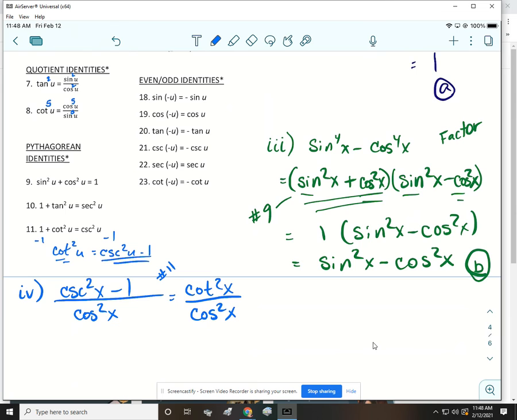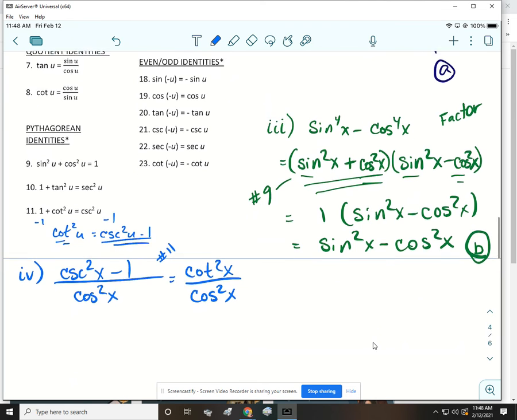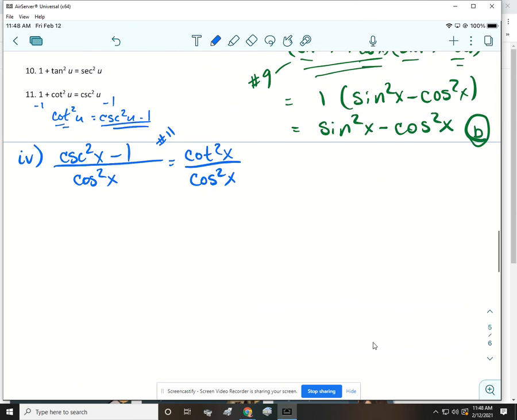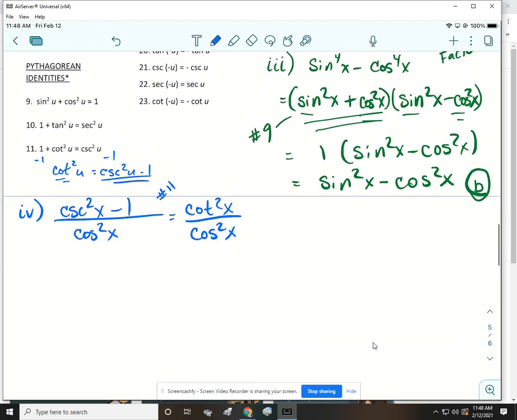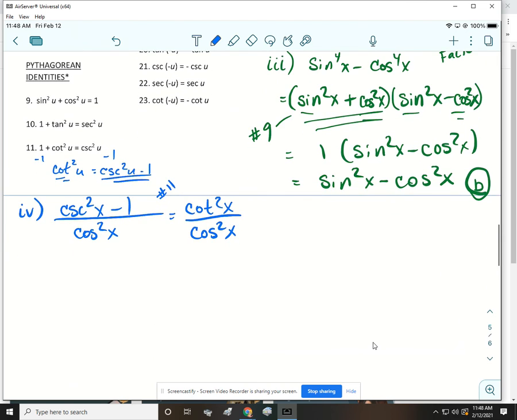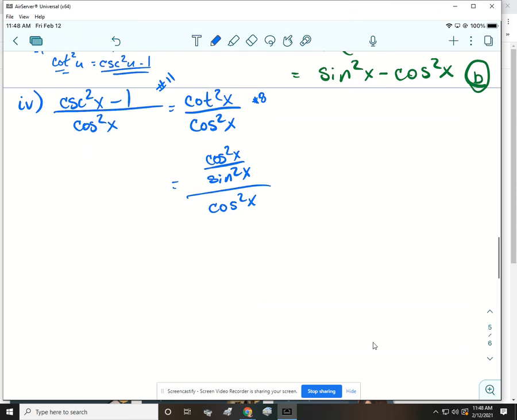All right, so they work for powers. So that's what I'm going to do for this cotangent squared. I'm going to use number 8, and I'm going to rewrite cotangent squared as cosine squared of x over sine squared of x.